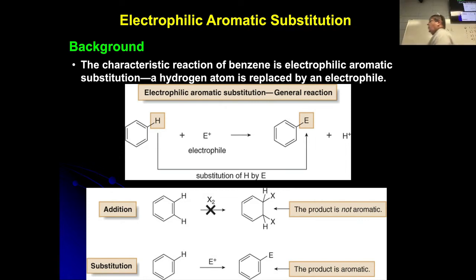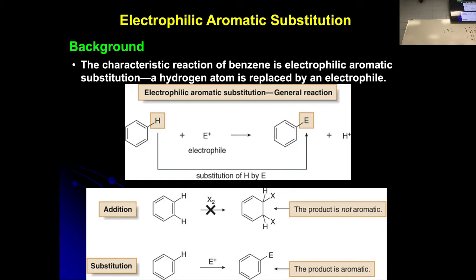So the product here is not aromatic. What does that tell you about the product's energy or stability? It's higher in energy, which means it's less stable. So going from something that's really stable to something that's very unstable, relatively speaking, does that seem like it should happen? No. So benzene does not like to do addition reactions.